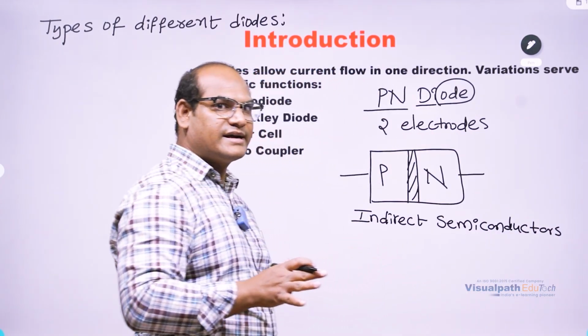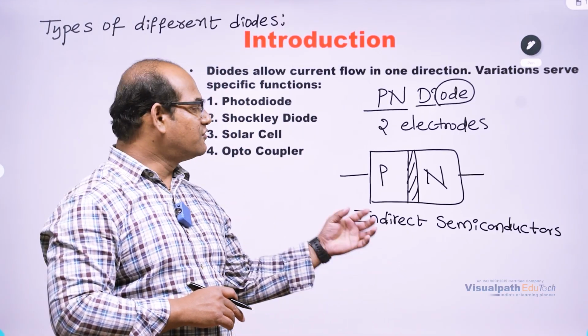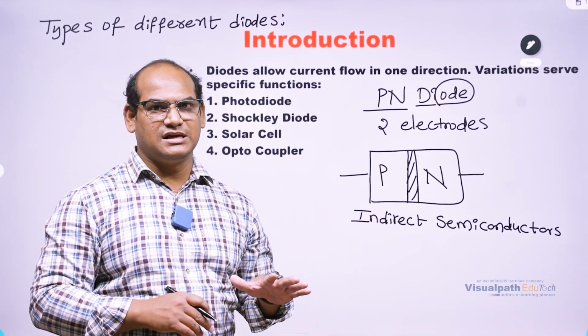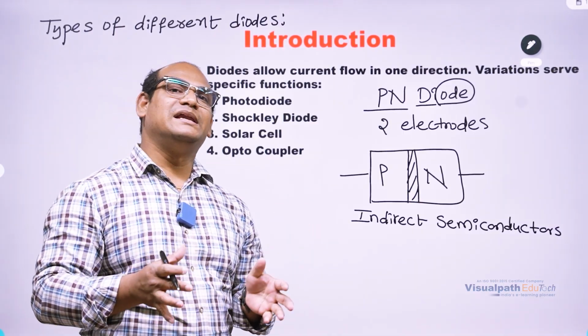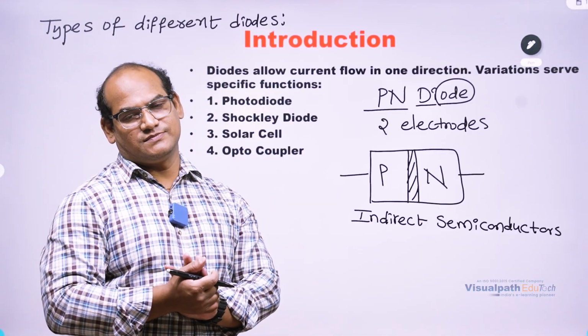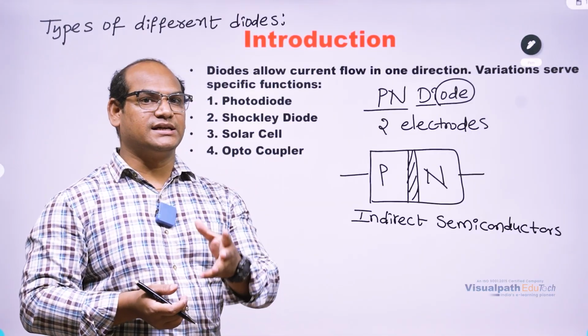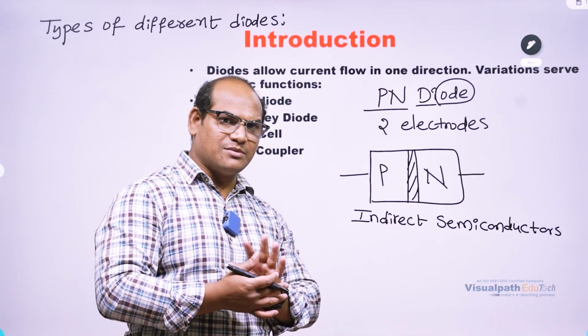In these indirect semiconductor materials, heat will be produced. But if you take direct semiconductor materials, light will be emitted. So we will be dealing with light when we are working with direct semiconductor materials, and we will be dealing with heat when working with indirect semiconductor materials.